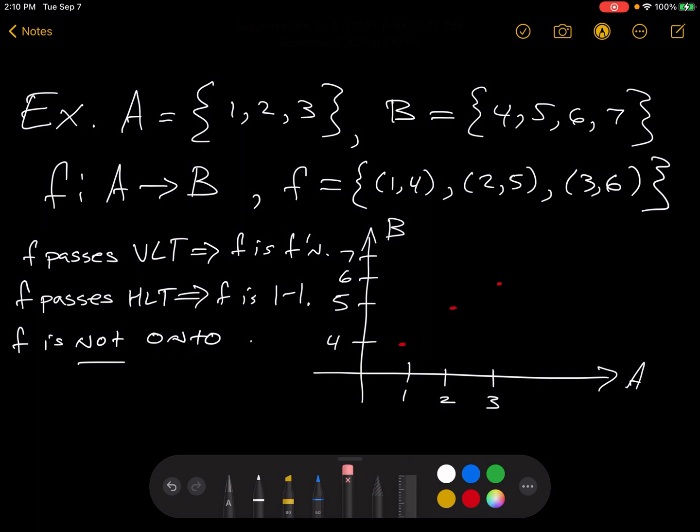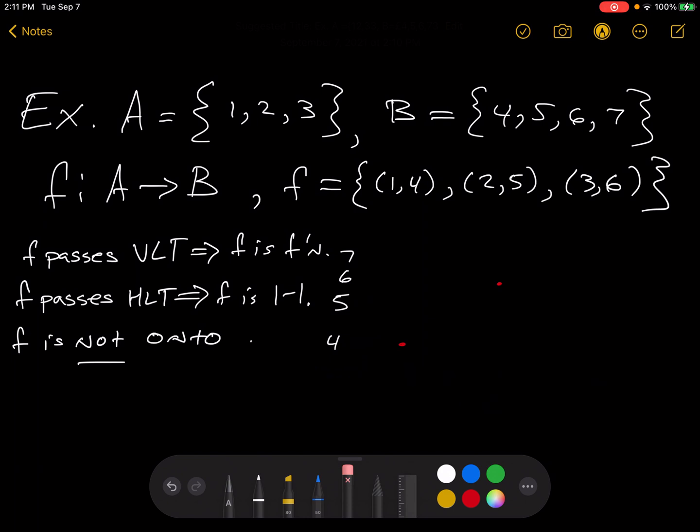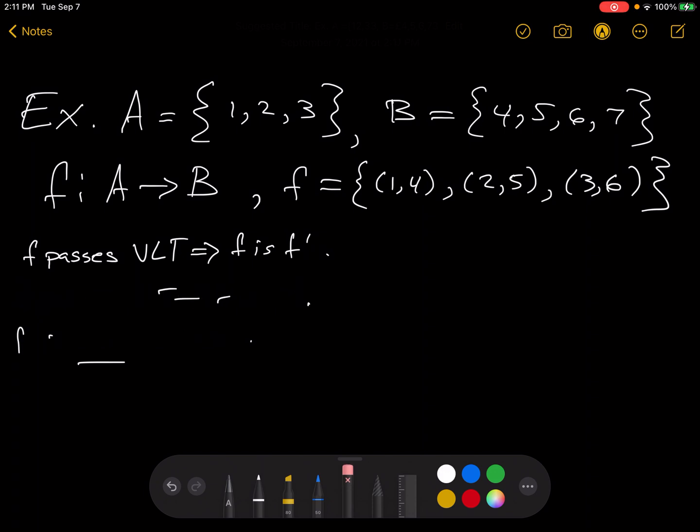So f is a function, f is 1 to 1, but f is not onto. Now let's look at f inverse.